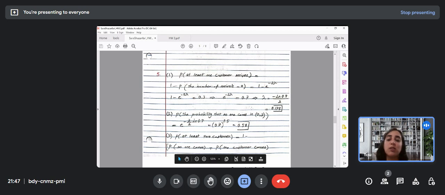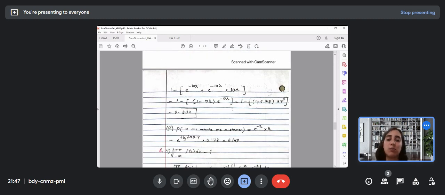In part 3, we want to calculate the probability that at least two customers come. Again, we have at least, and at least is hard to calculate. So for now, we can calculate the probability that no one comes, plus the probability that only one customer comes, and then 1 minus these two is our answer.